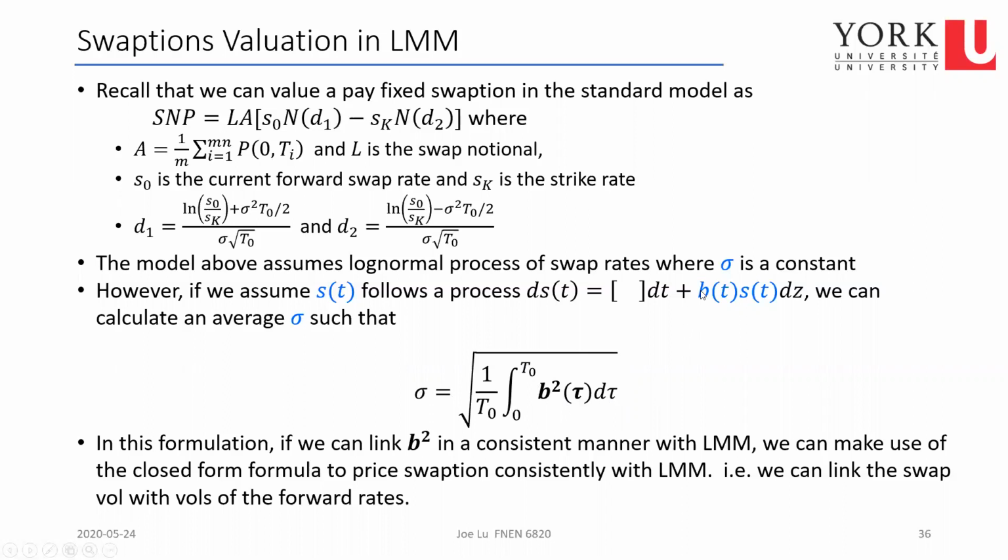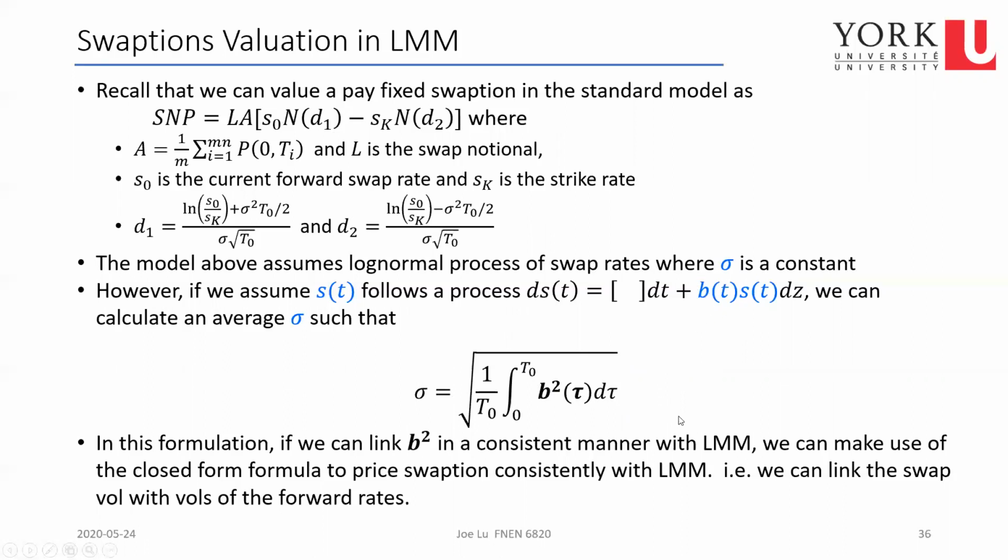So if b is a function of time, as it goes through time it has different values, but we can get an average. And if we plug in the average into this formula, we can still have a closed form formula to calculate a swaption, whereas we do not restrict this being a constant over time.